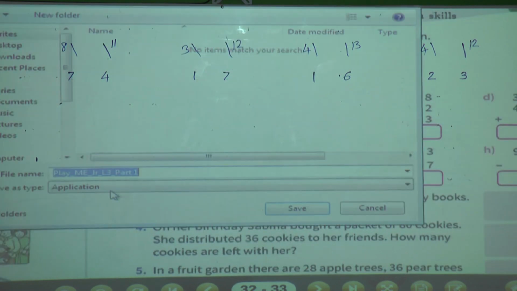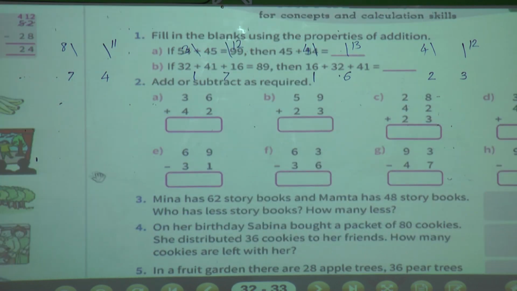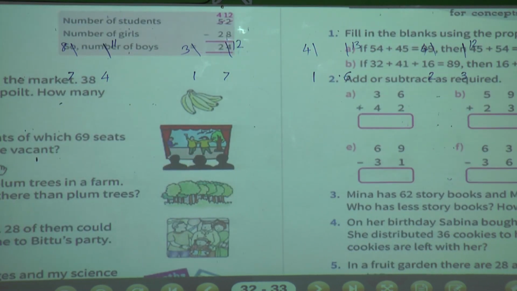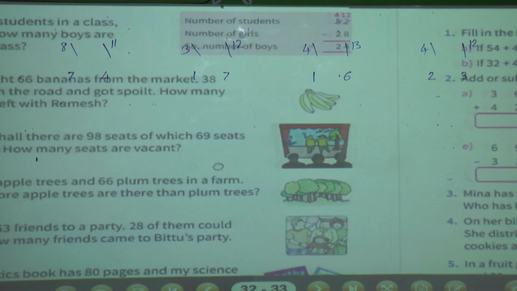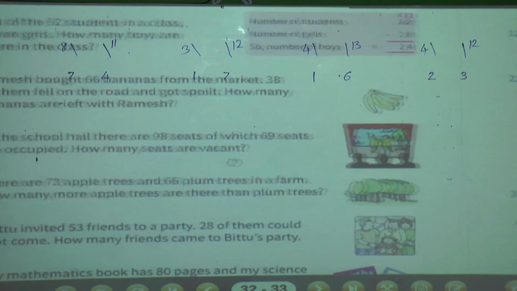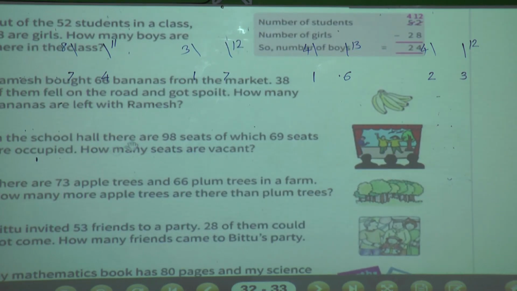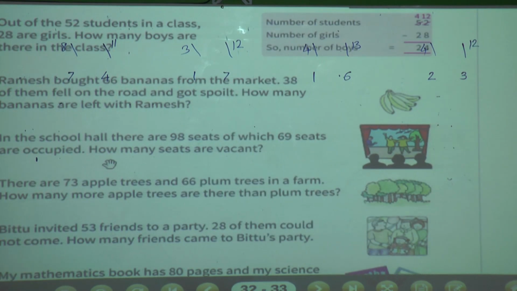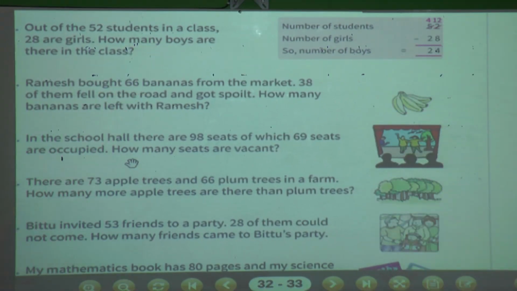In these story sums, we have done addition story sums, subtraction story sums, then regrouping story sums of addition, and now regrouping story sums of subtraction. Now see here, first example is done.